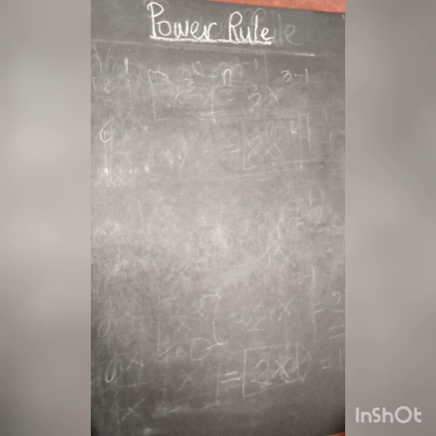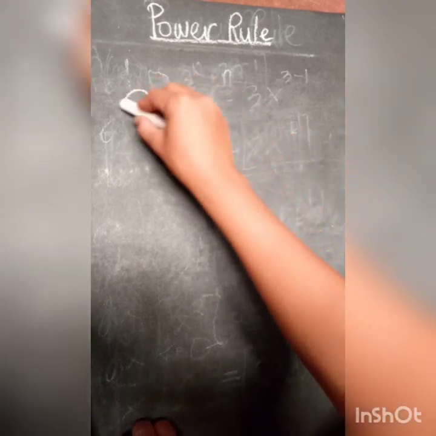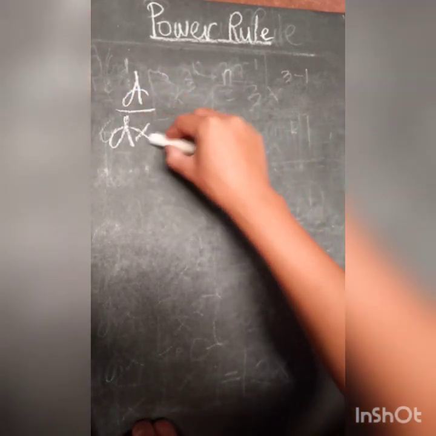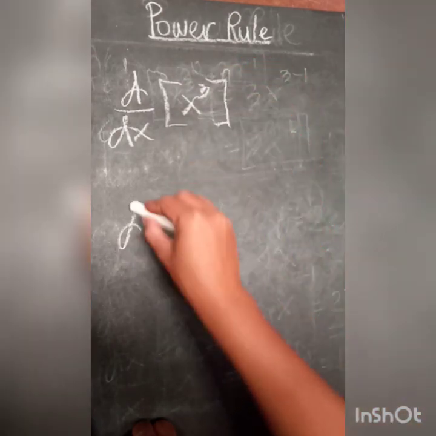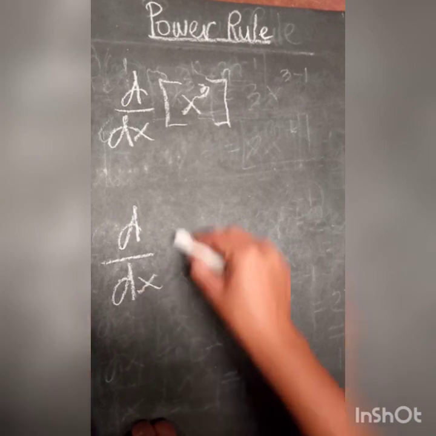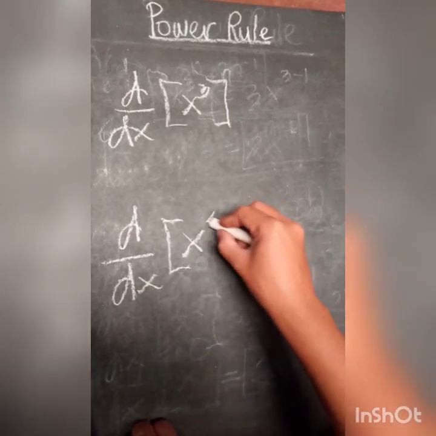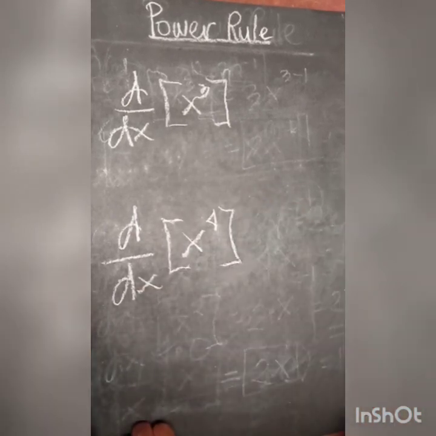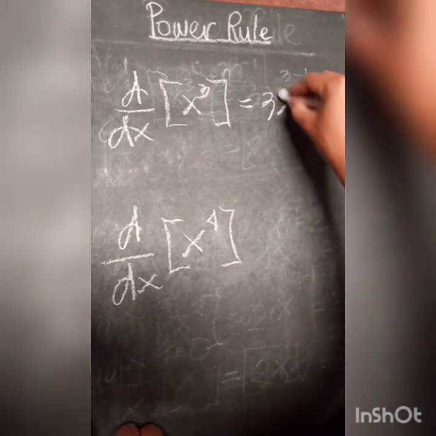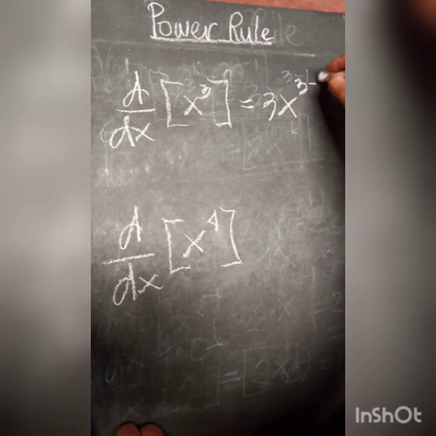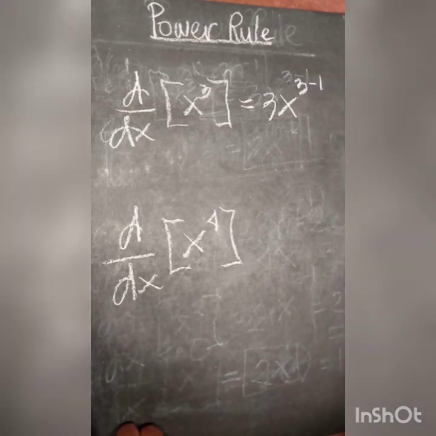Let's try another example. Find the derivatives of x cubed and the derivative of x raised to the power of 4. For this one we have 3x raised to 3 minus 1. So 3 minus 1 is equal to 2.